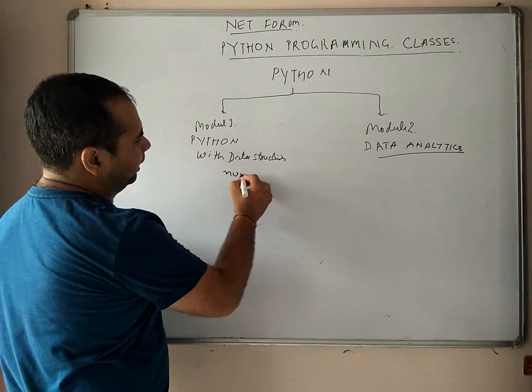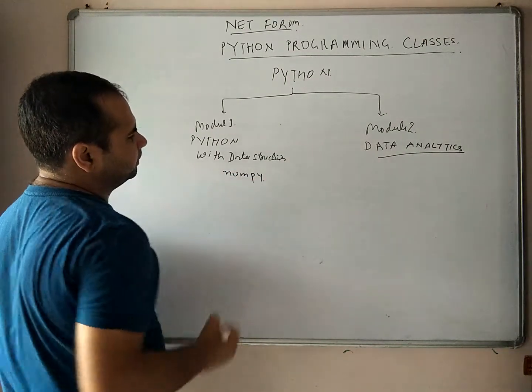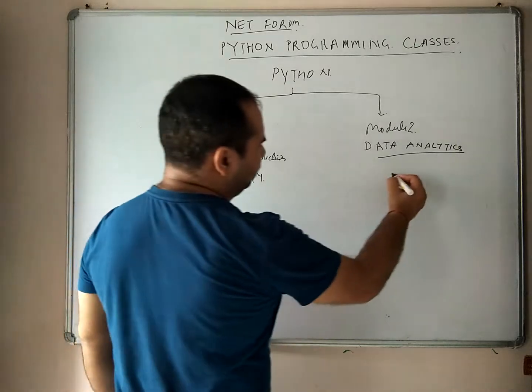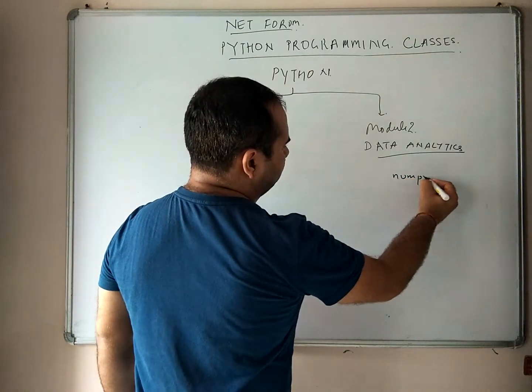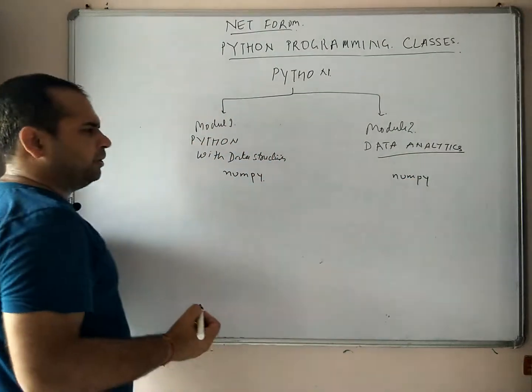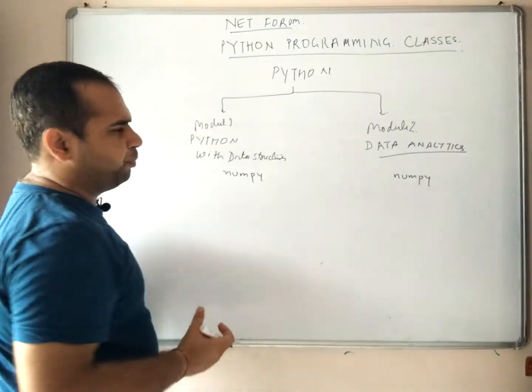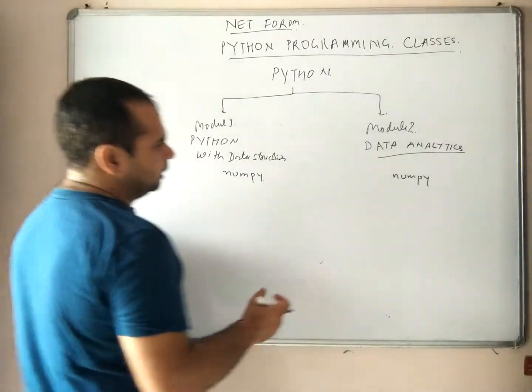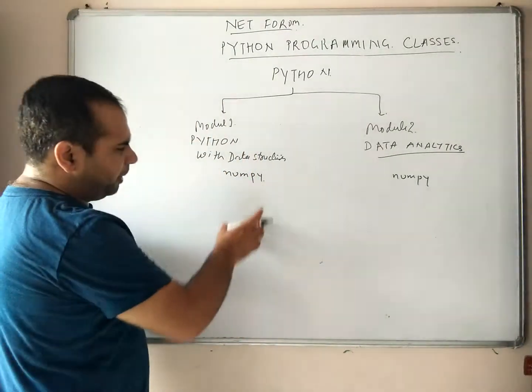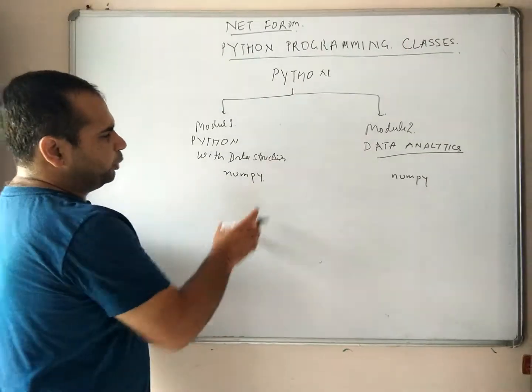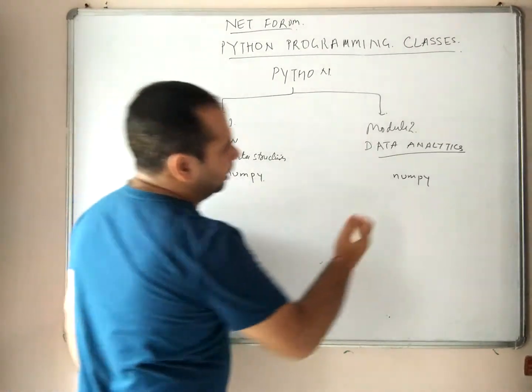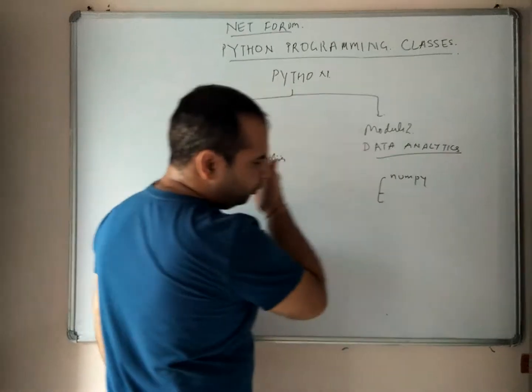Number one is NumPy. NumPy will be used here also. This is numeric Python, which is used for numerical computations, and the rest of the packages will be included as they come. But here are some very important packages.